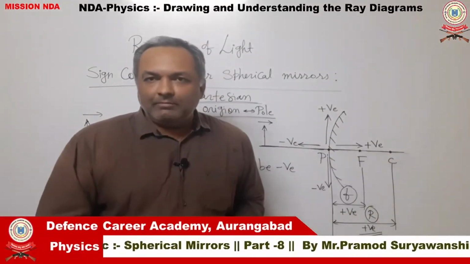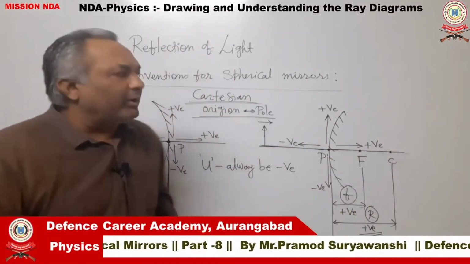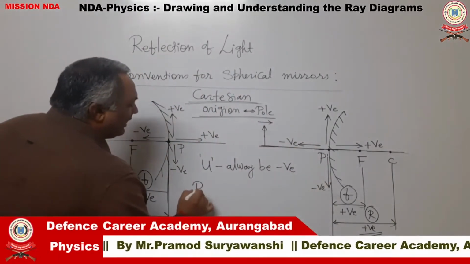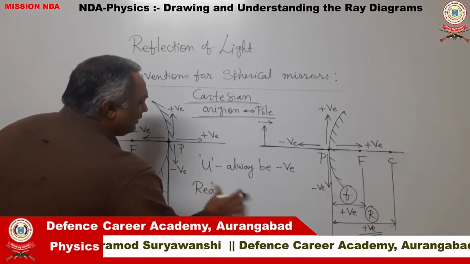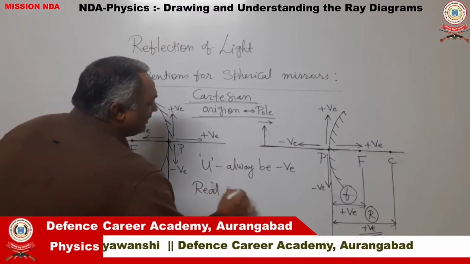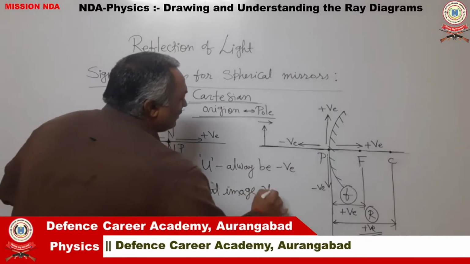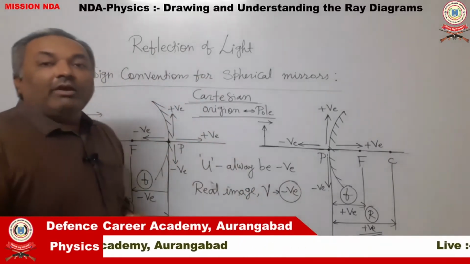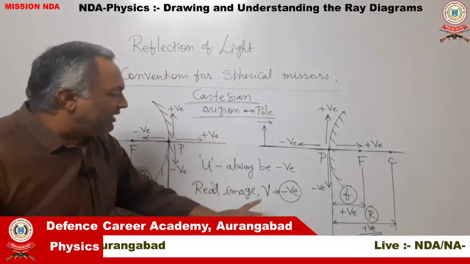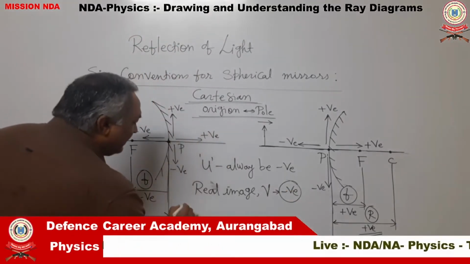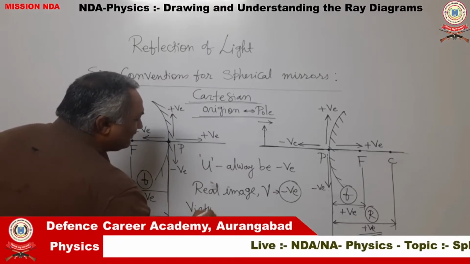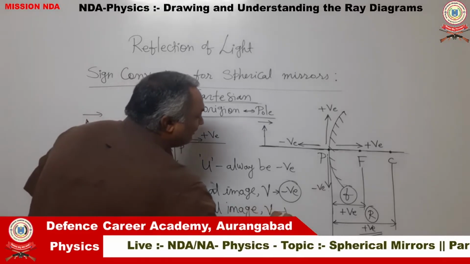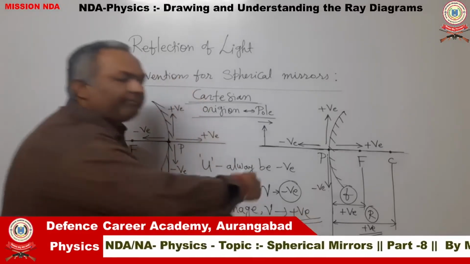of the pole. So, using these two important points, we can state that for a real image, V is negative. That is, if the image formed is real, the image distance will be negative. If the image formed is virtual, the image distance will be positive.